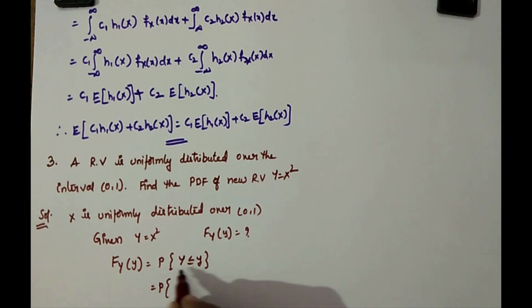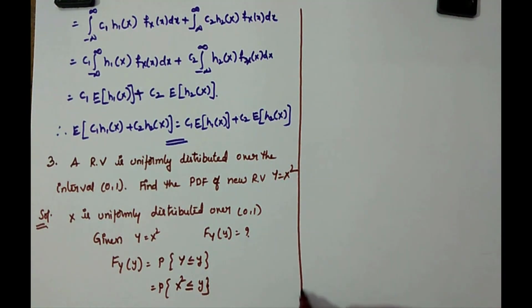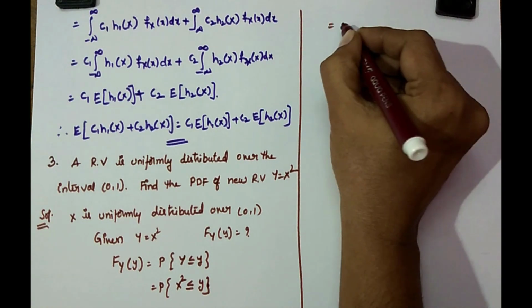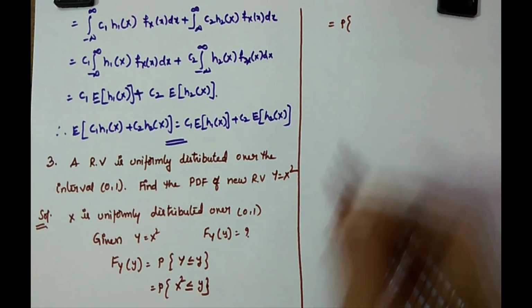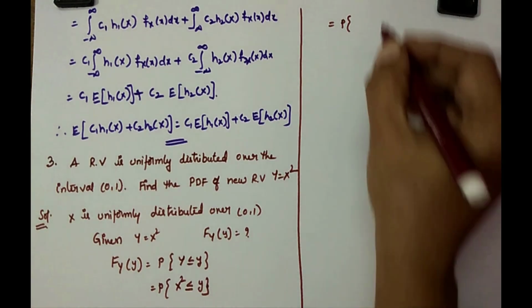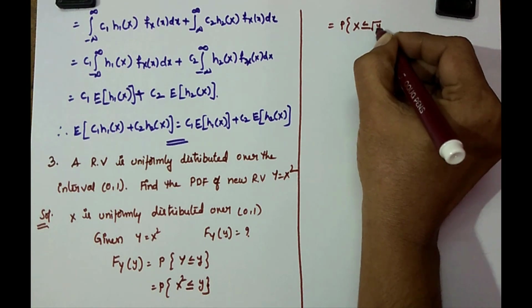Then how to write this? As y is x square, you can write x square less than or equal to y. That is equal to p of, simply write x here, so it becomes root y. So x less than or equal to root y.